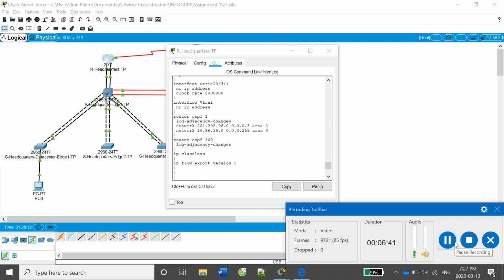The last thing I have to explain is the IP routing table.